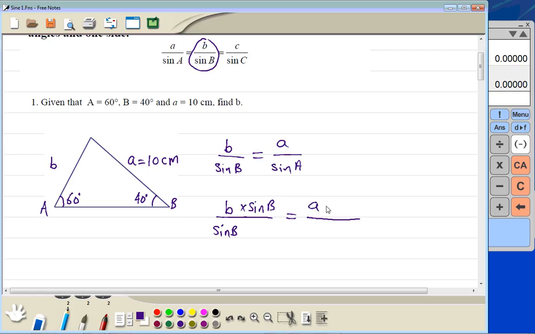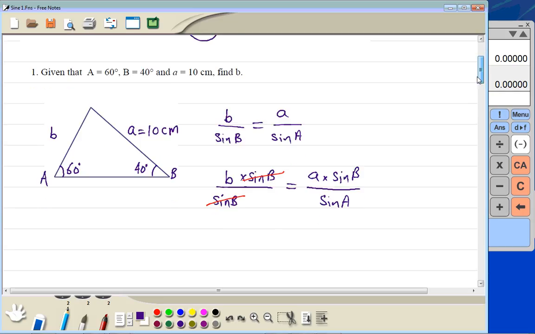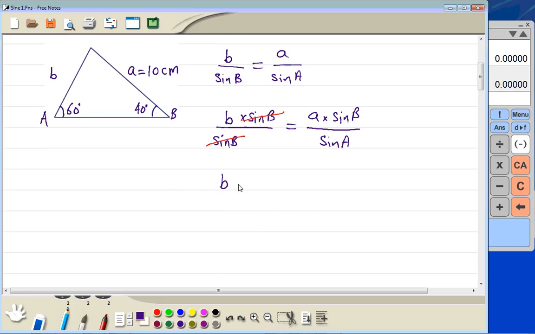So A times sine of angle B, then we are dividing by sine of angle A. Now on the left hand side fraction, sine B cancels out, so we are only left with B, and it is equal to A times sine of angle B divided by sine of angle A. Now we can substitute the numbers.